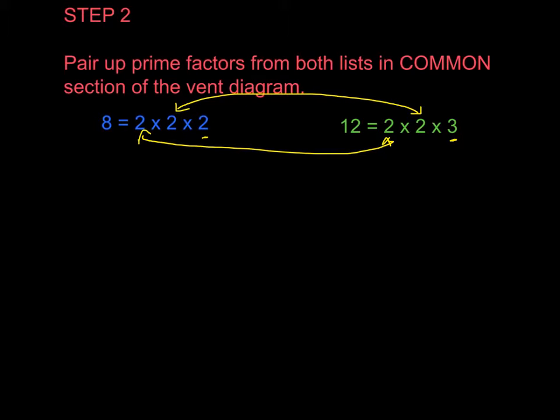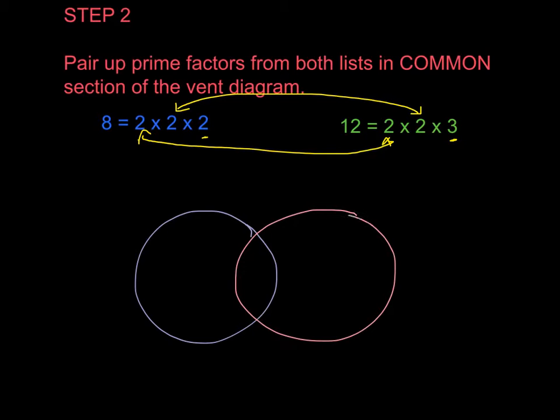The first thing we do is we're going to make a Venn diagram. Let's label this one in the same color that they are. This is going to be 8, and this is going to be 12. We're going to take our pairs. Our first pair is 2.